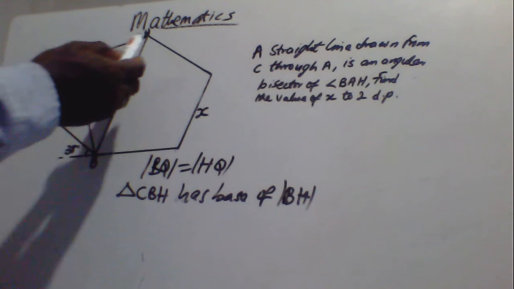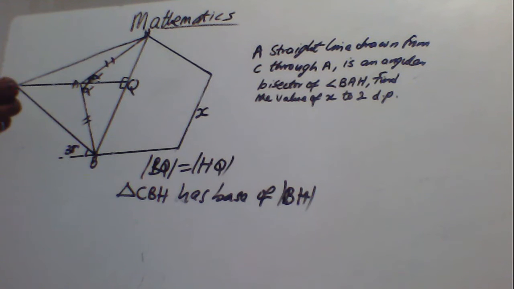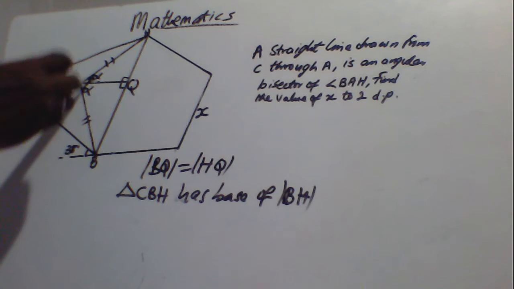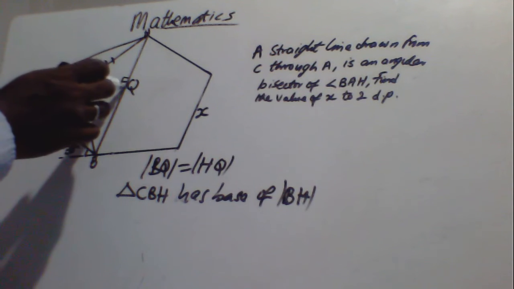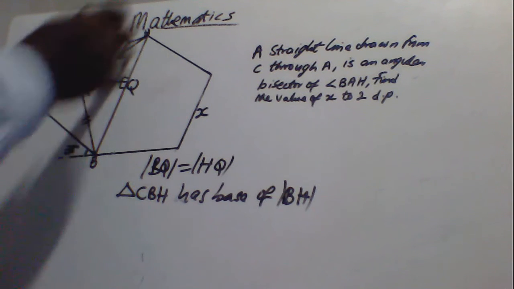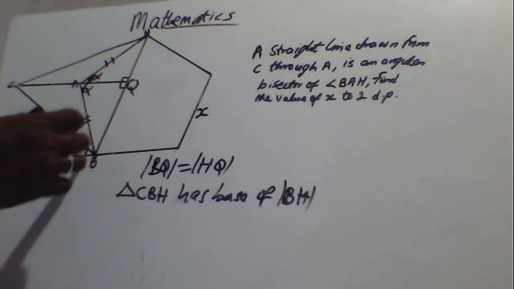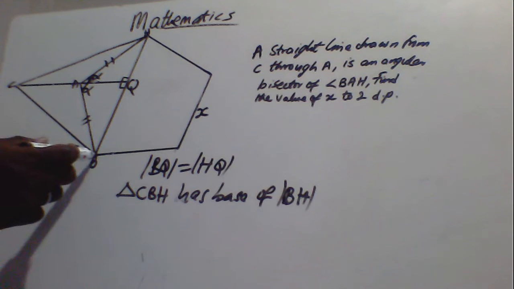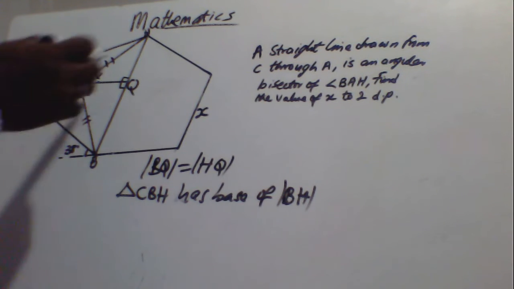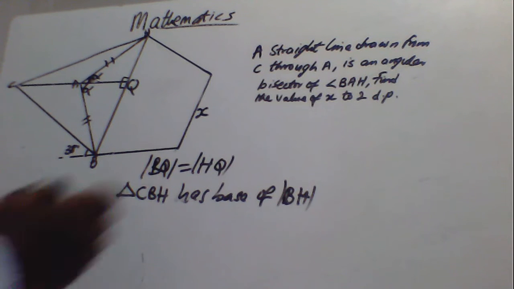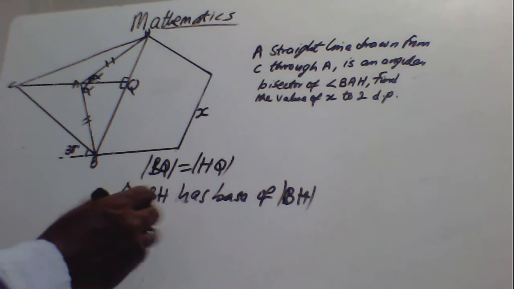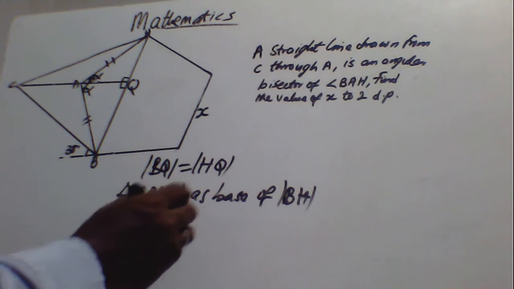It means that a line drawn, because this is an external point, this line passes through A and bisects this angle and then touches here, and this line CH is perpendicular to HB. Any line drawn from B to C must be equal to the line drawn from H to C. What I'm saying is that BC is equal to HC.